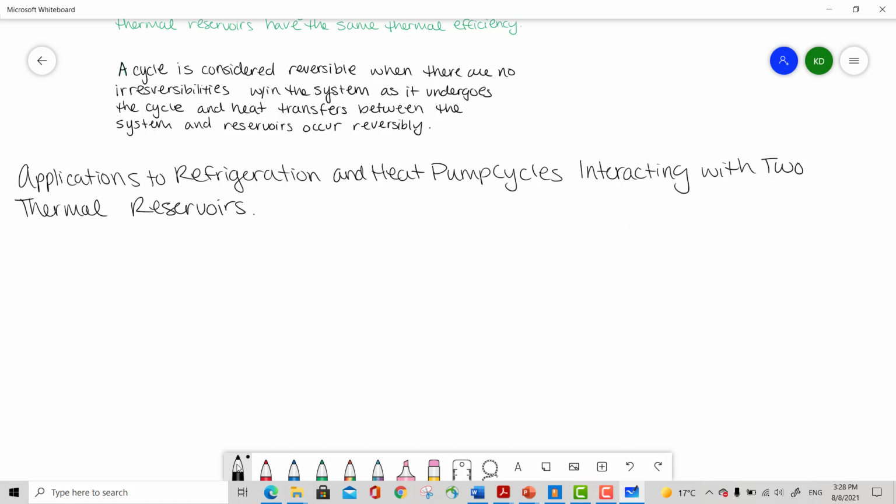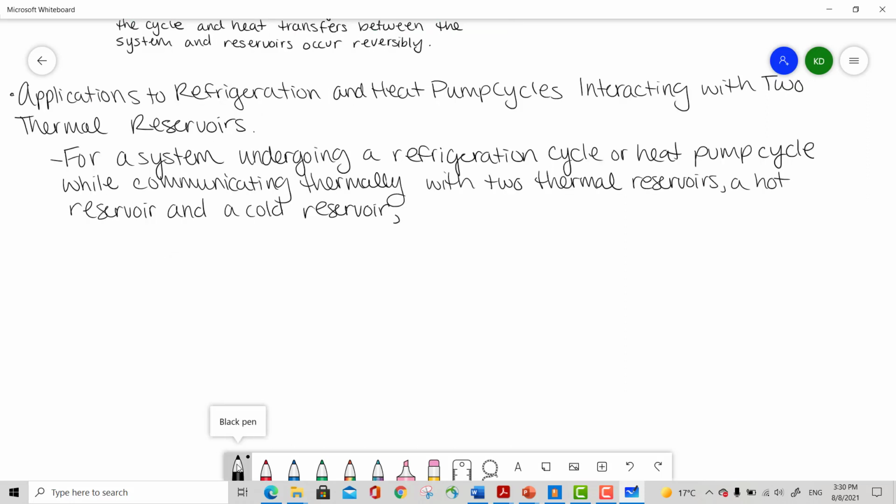Okay. So just a little excerpt. For a system, I'll just pause and write that. Okay, so applications to refrigeration and heat pump cycles interacting with two thermal reservoirs.